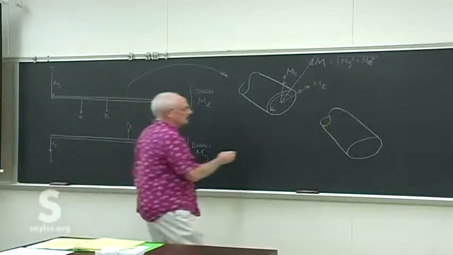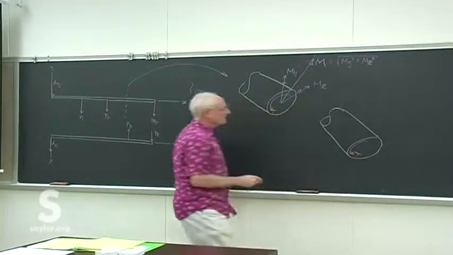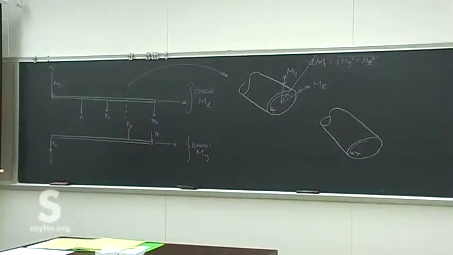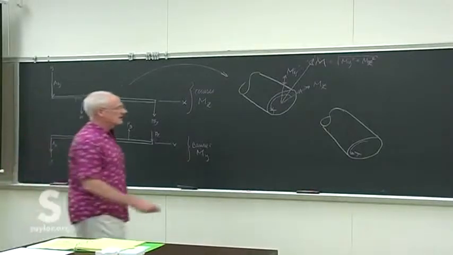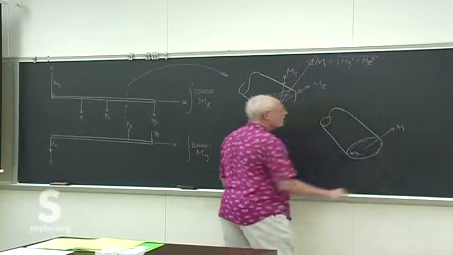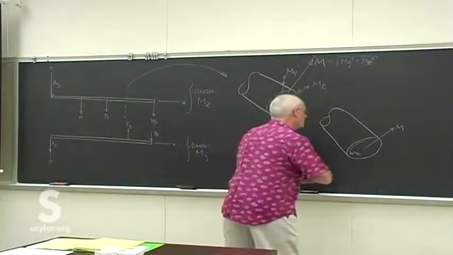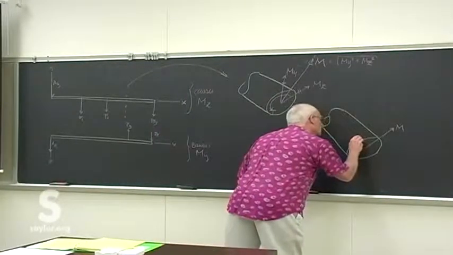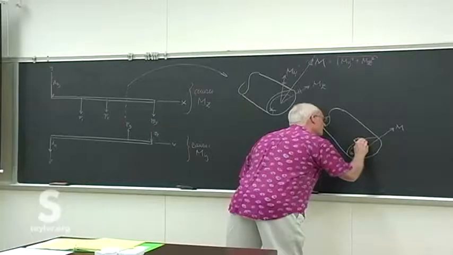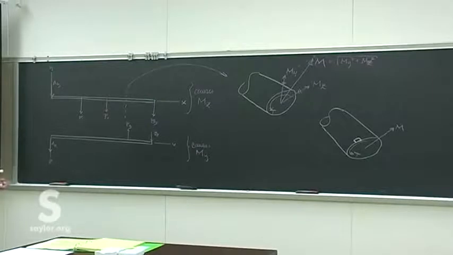If we've got some net torsion in this shaft due to those gears, the point where power is taken off and power is applied, and we've got some net moment here made up of the two components in the y and the z direction, then we can do what we've done before, look at a little elemental piece right here at the outer part, because we know that that's where things are going to be the worst.